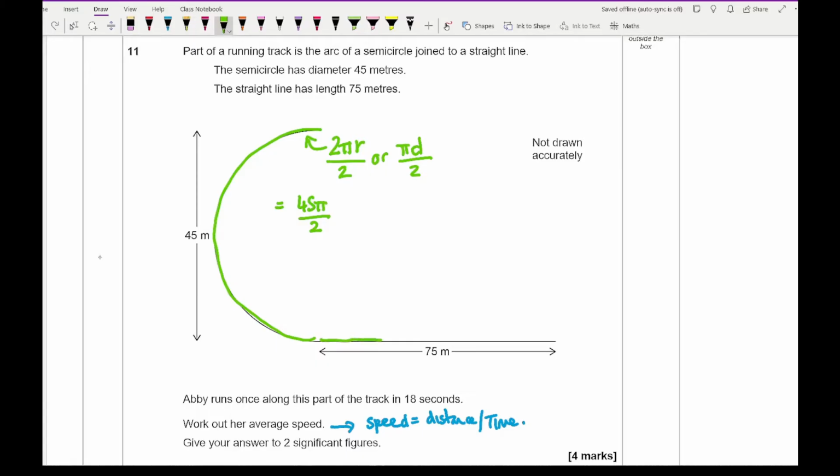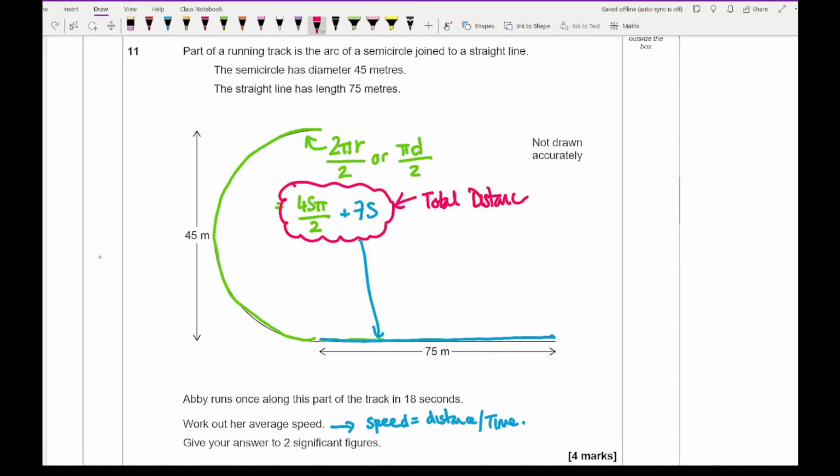Then for this blue line here, which I'm going to do in blue, not green, this part here is 75. So this number here, which I'm going to leave in terms of this, is the total distance. Now we know that the time is 18 seconds.